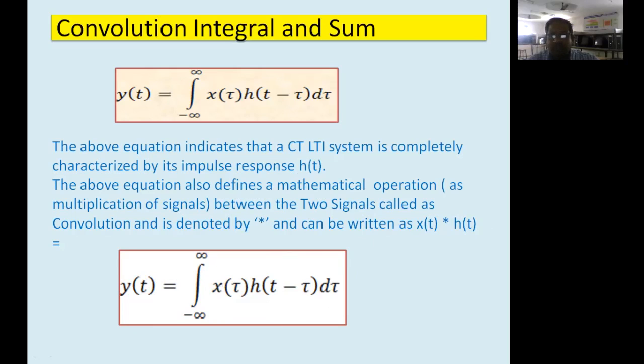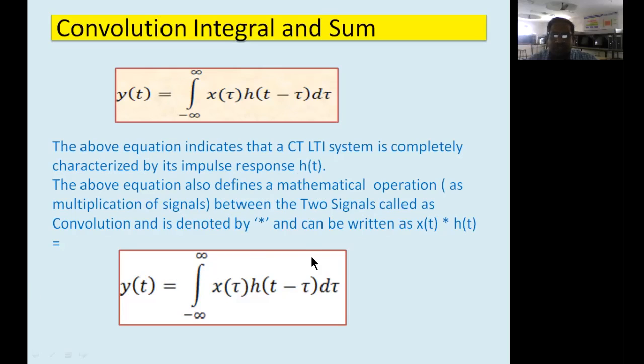So more or less, convolution is finding the multiplication of two signals. If it is in the continuous time domain, we go with the convolution integral. If it is in the discrete time domain, then we go with the convolution sum.